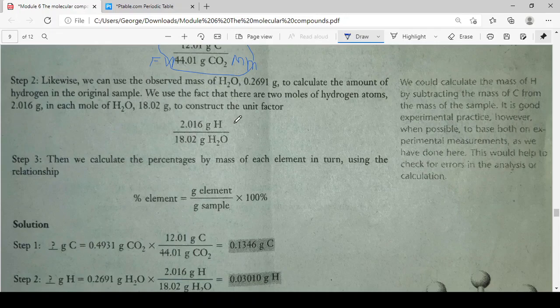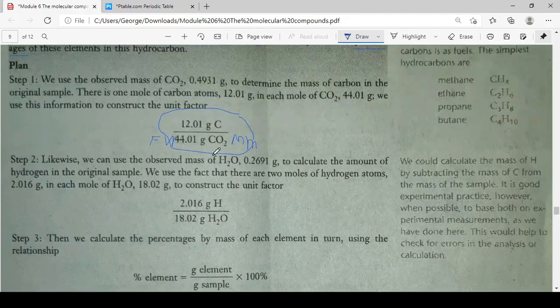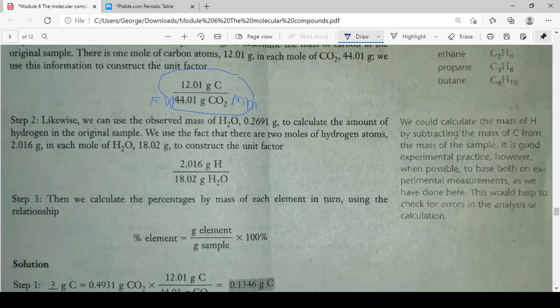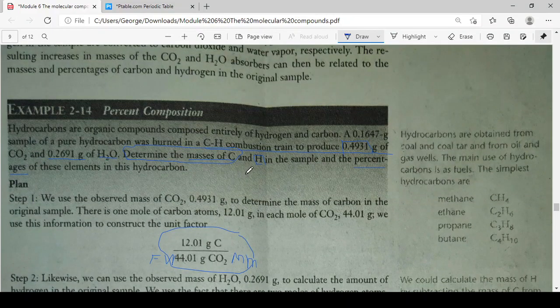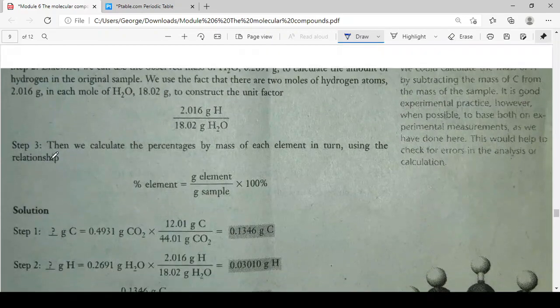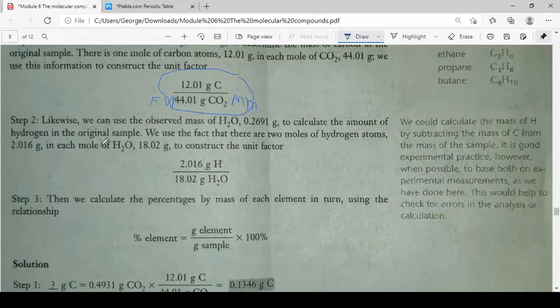Again, it is the same, we are finding the mass of hydrogen, using the given mass to calculate the amount of hydrogen in the original sample.